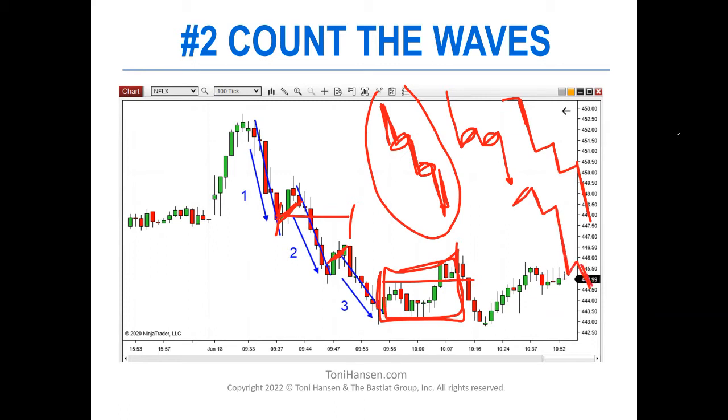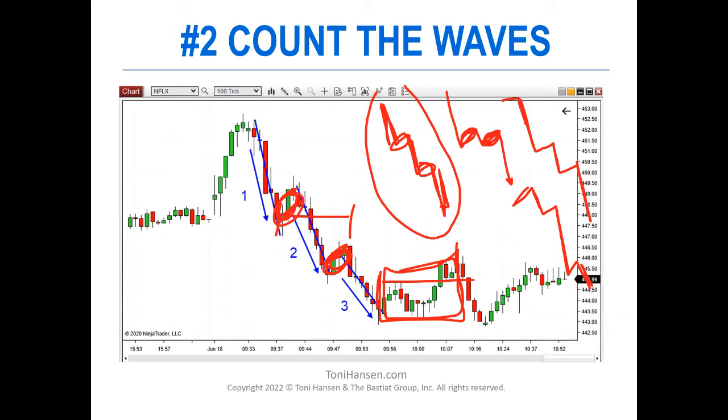But what you'll notice in each of these is that the comparison is how long the time development of these corrections takes compared to previous moves. So when we're looking at wave counting, we want these corrections to have a similar amount of time.